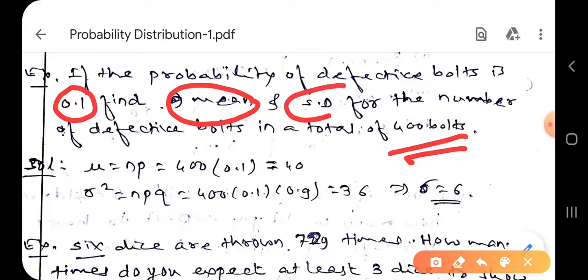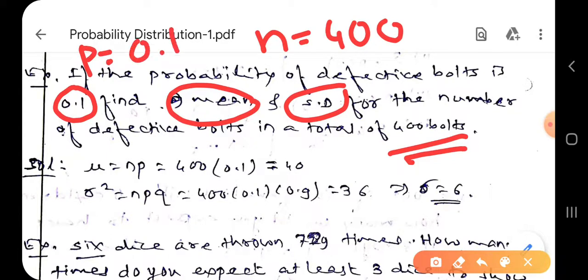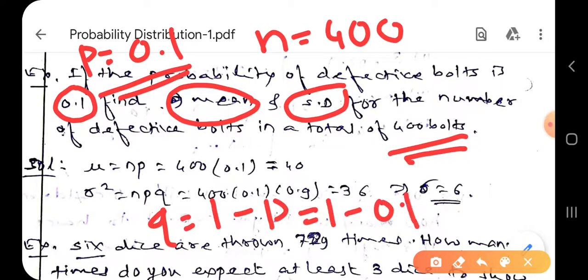So there are n equal to 400 bolts. Probability of defective bolt is 0.1. So you can find value of Q, because Q is equal to 1 minus P. So I get here 1 minus 0.1. So value of Q is 0.9.